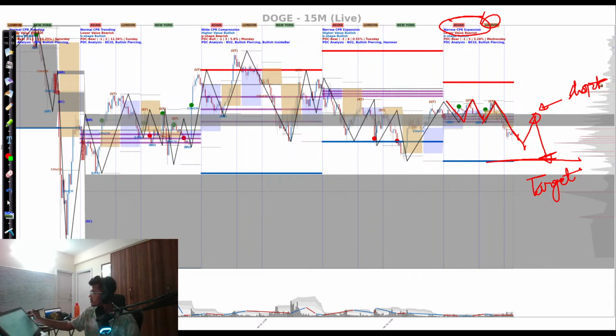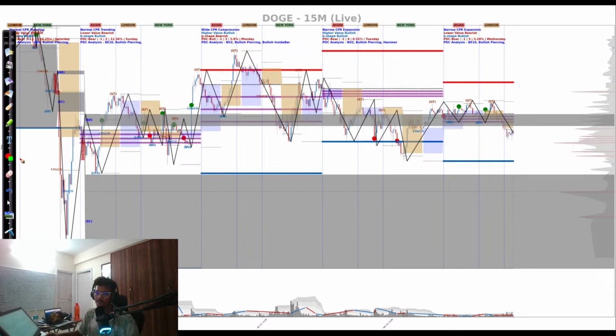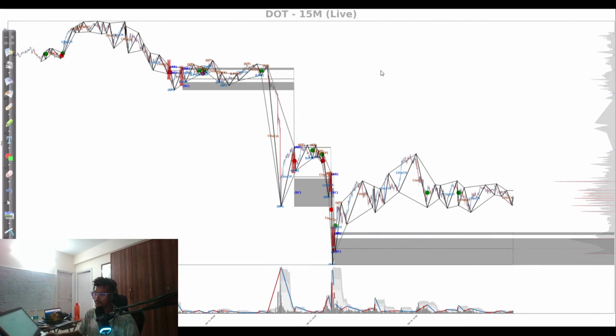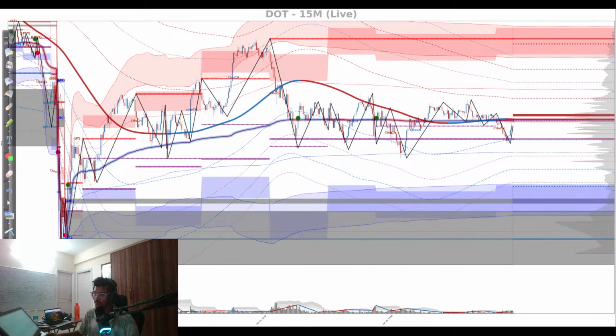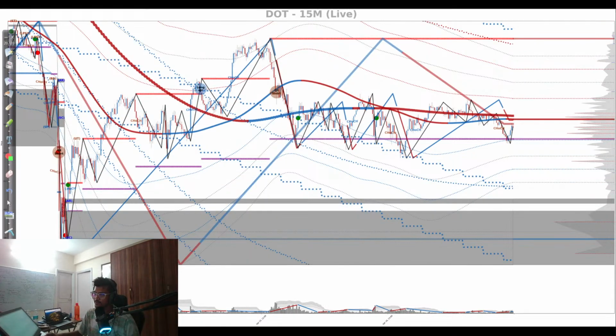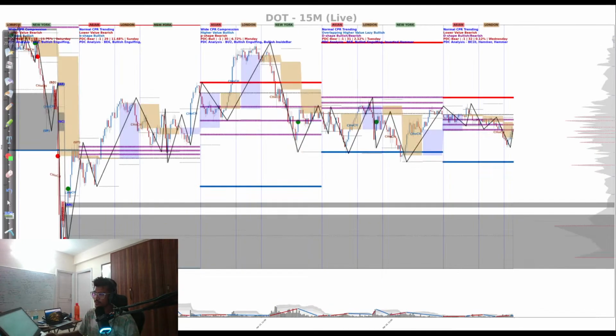Come on, pen, work. All right, so DOT is trading above the value. We'll see what's going to happen with DOT. See, it's very easy to make predictions with a higher time frame. It's the best time to go short on DOT.